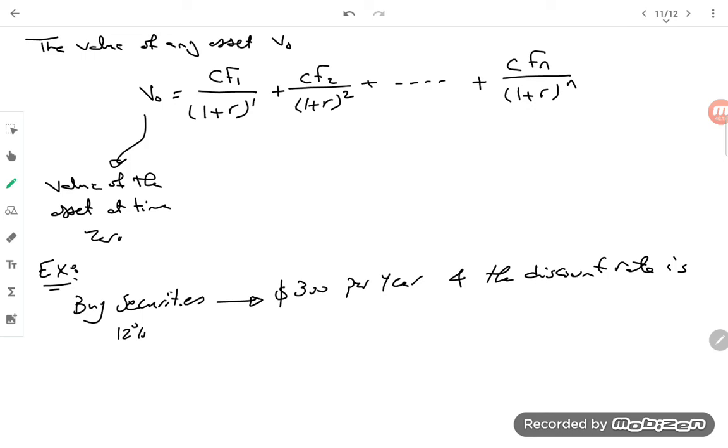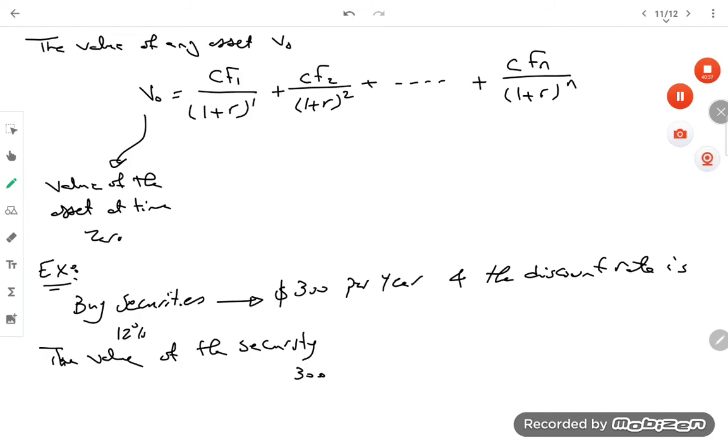In this case, the value of this security will be 300 divided by 0.12, which is 2,500.